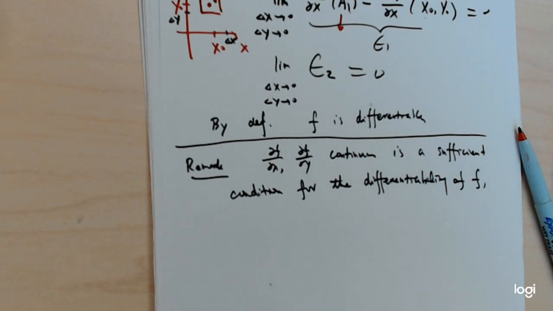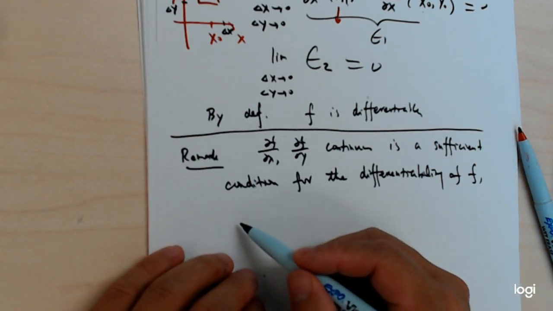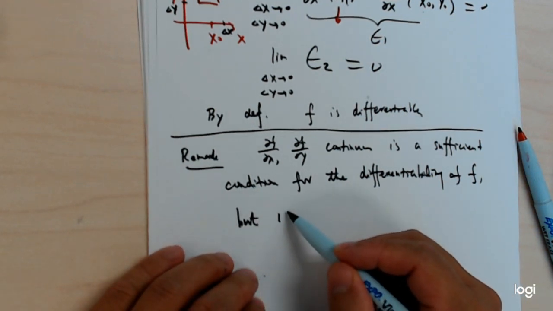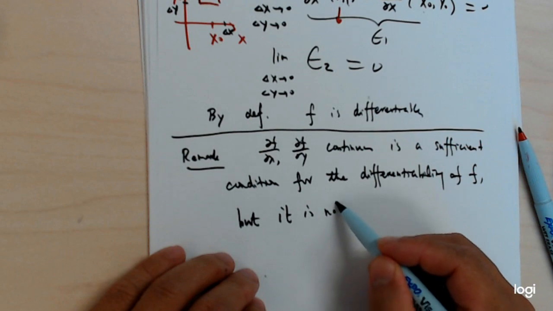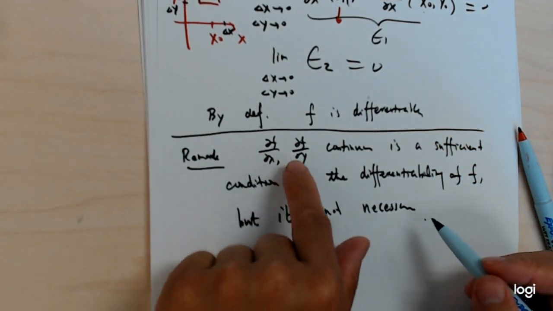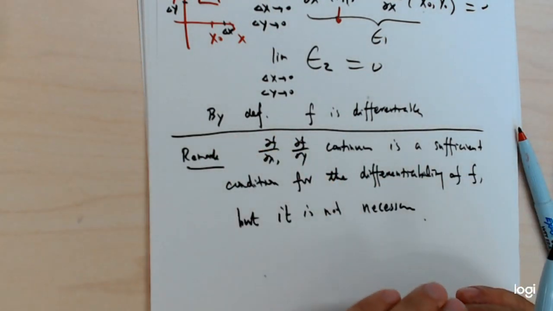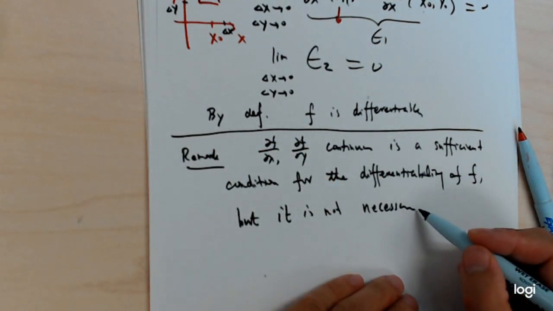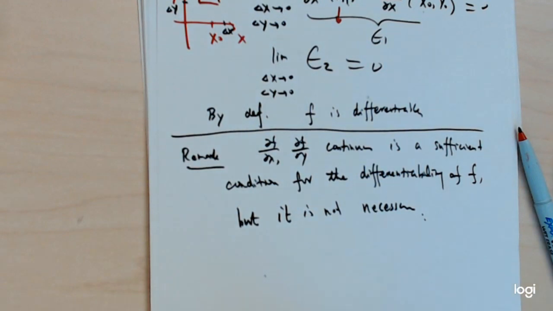That's what the theorem says. As long as the partial derivatives are continuous, that implies the function to be what? Differentiable. But it is not necessary, okay? It is not necessary. There are cases where, even when the partial derivatives are not continuous, the function may still be differentiable, but it's not necessary.